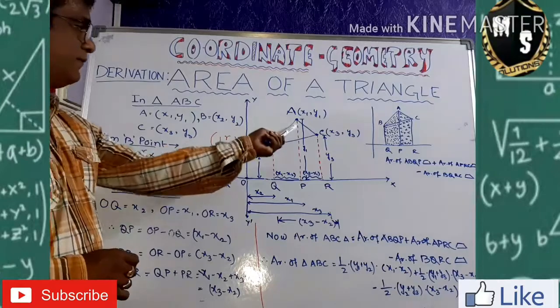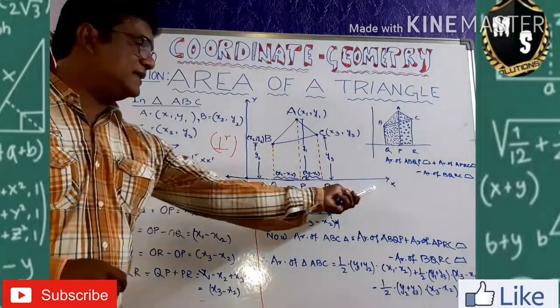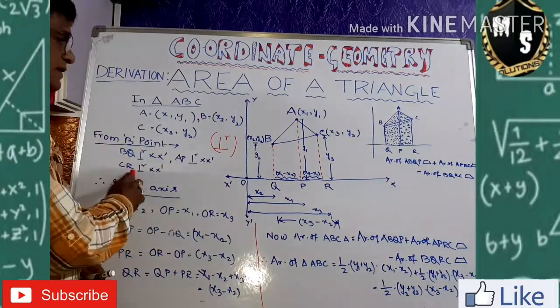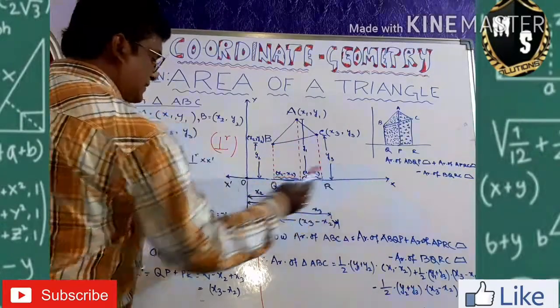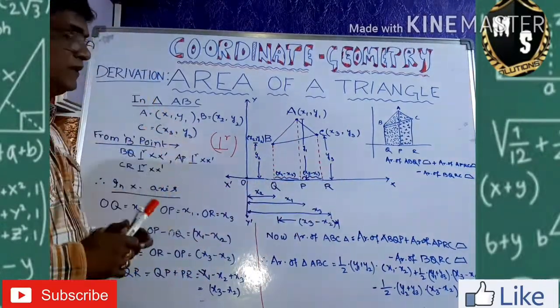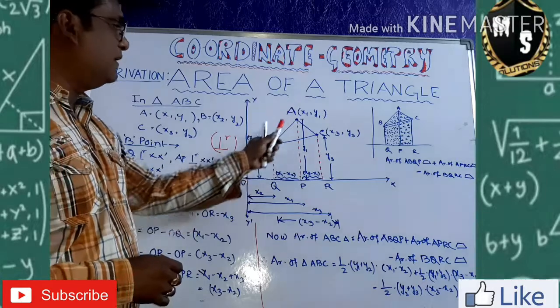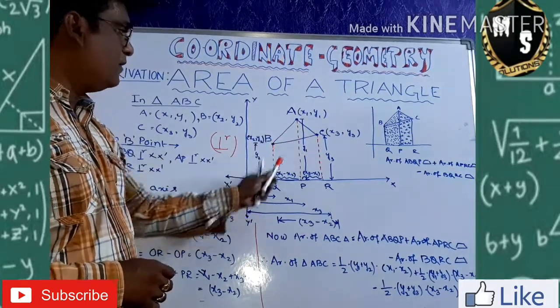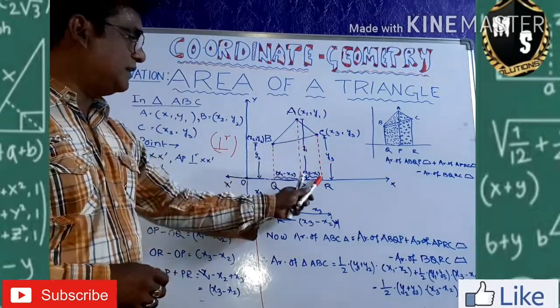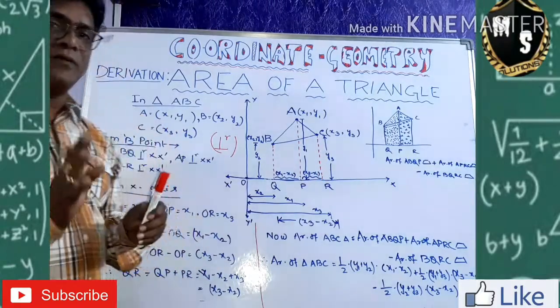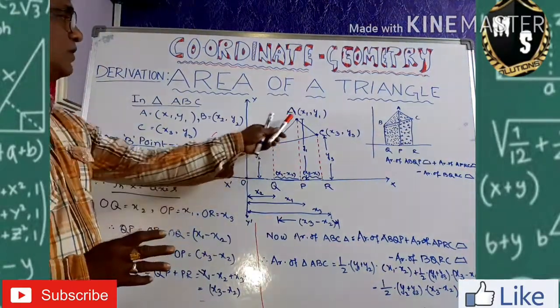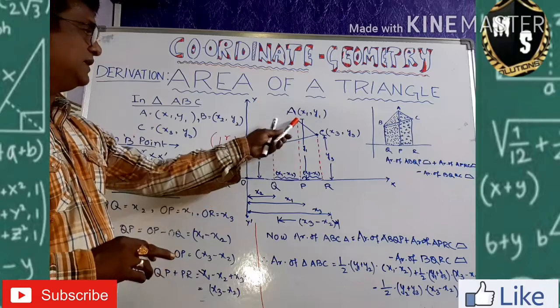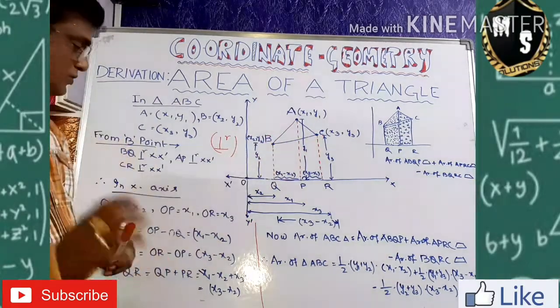AP is perpendicular to x dash. Next is CR. C to R is also perpendicular to x dash. So you already drew perpendiculars to the x-axis from the 3 points B, A and C. BQ, AP and CR are the perpendiculars from the vertices of the triangle, that is A, B and C. Understood now?